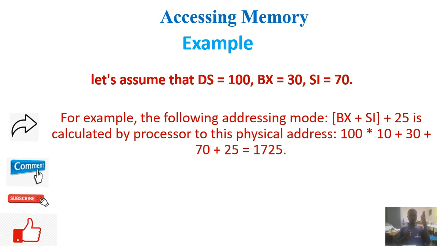Our offset becomes BX plus SI plus 25. Now the starting address from the segment register becomes 100 by 10. Then we add the offset, which is 30 plus 70 plus 25, which gives us 1725.